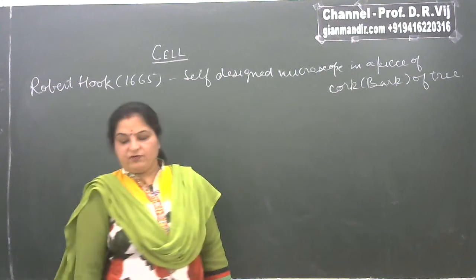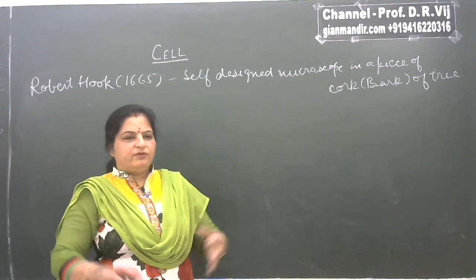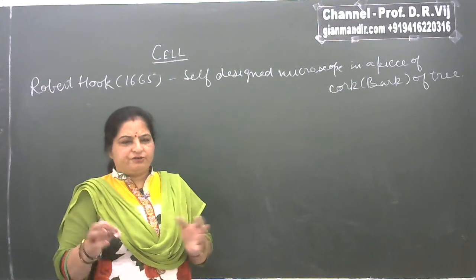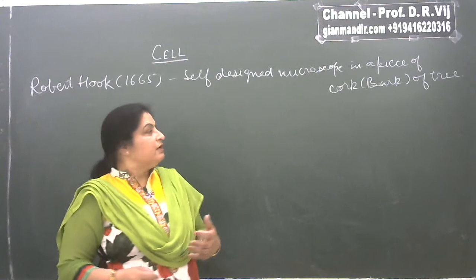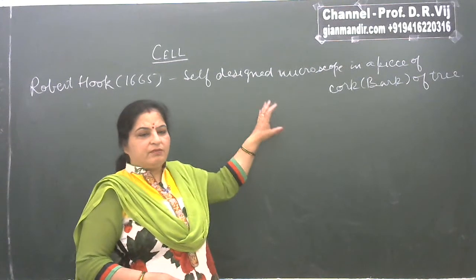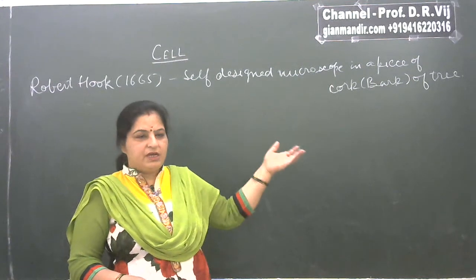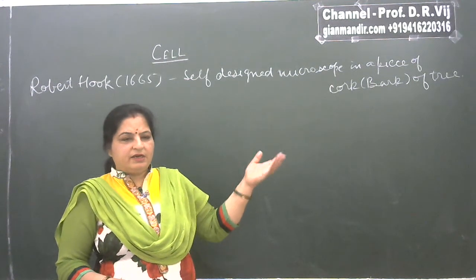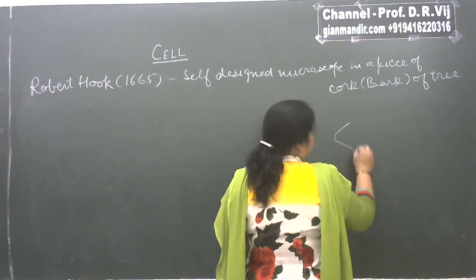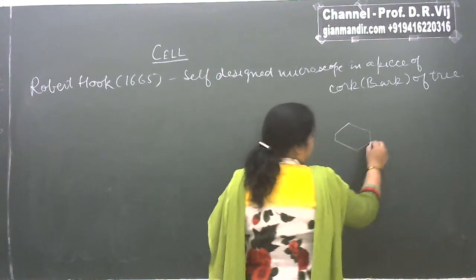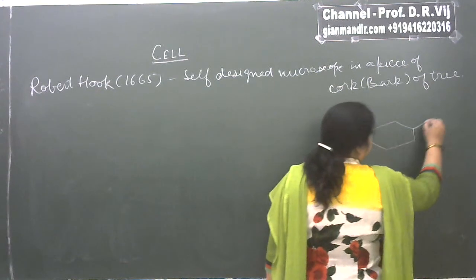So Robert Hooke designed his microscope for the first time, and with the help of his microscope he was trying to observe the various things around him. Accidentally he was observing the cork of the tree, and in that piece of cork he could see honeycomb-like structures.